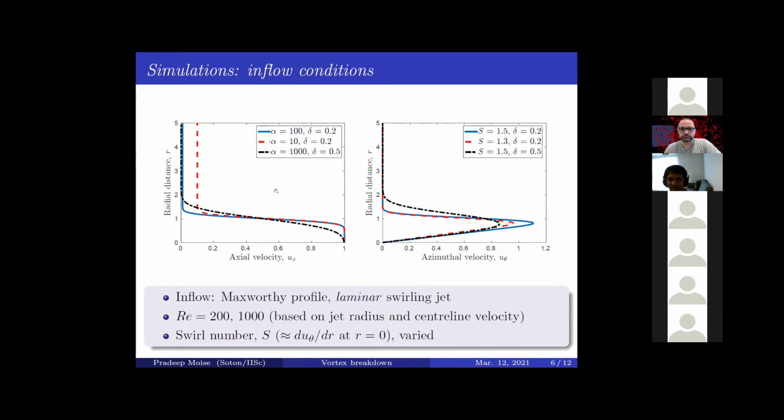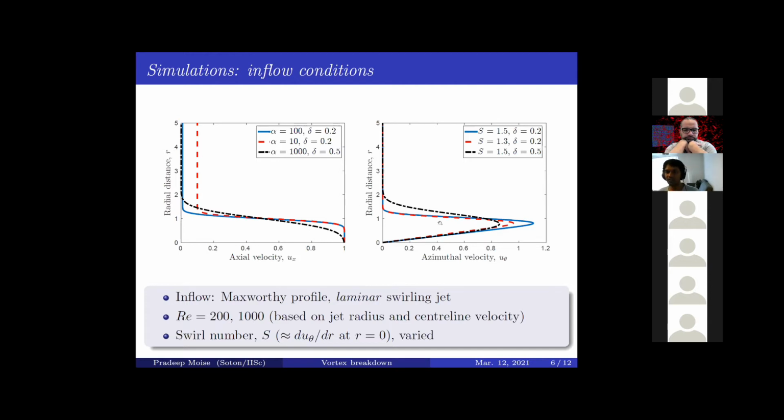Going back to the inflow, it's a model of a laminar swirling jet, referred to as the Maxworthy profile, which was inferred based on experimental results. So here I show you the axial velocity and azimuthal velocity components of the flow. It's a typical jet-like profile with a corresponding axial shear layer and a co-flow, which is usually added for entrainment, which is standard procedure for simulating jets.